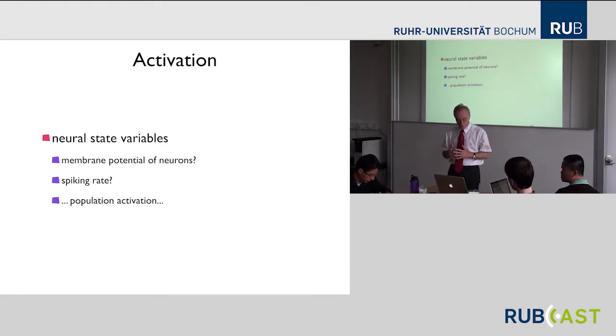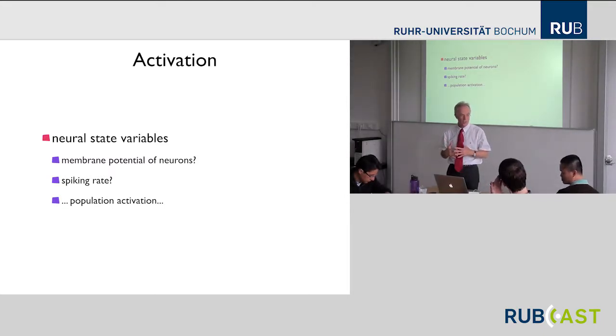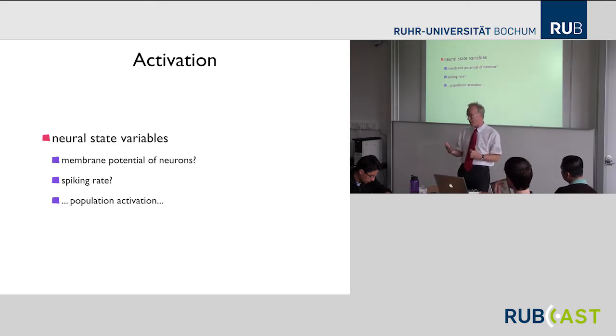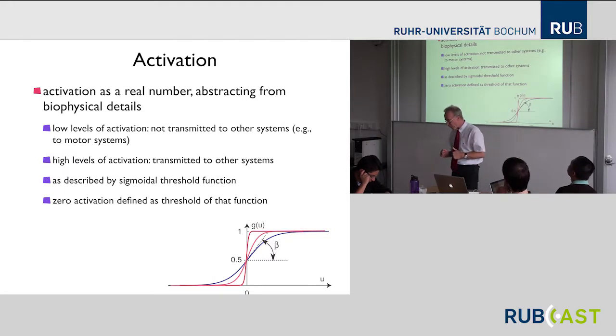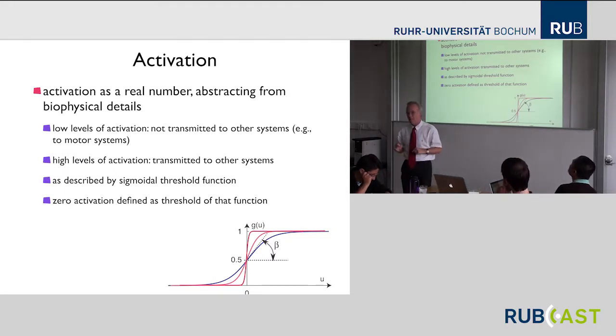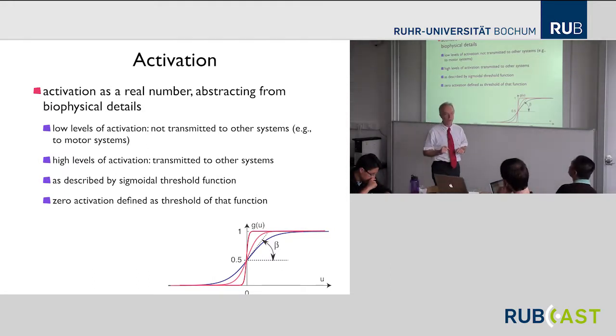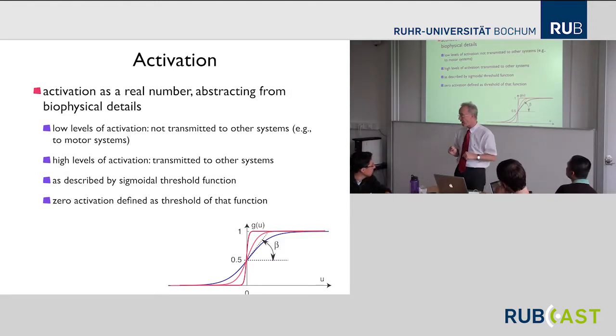So for now, I will be using a continuous variable that I call activation that will ultimately be computed from spiking activity of many neurons that are somewhat redundant, that are overlapping in their tuning curves, for instance. And if you think about this more abstractly, then it's really the sigmoid function that defines what activation is.